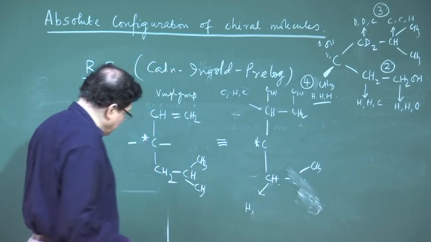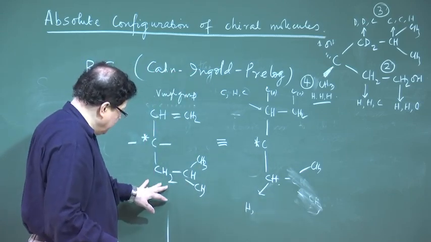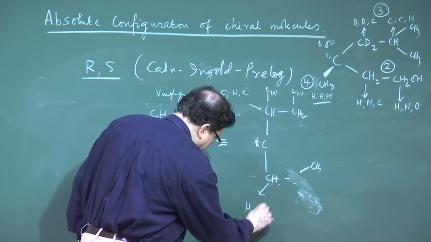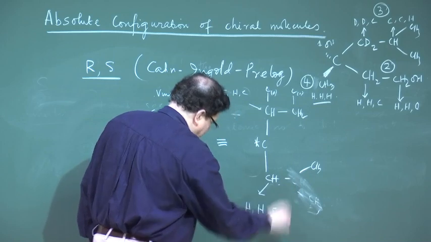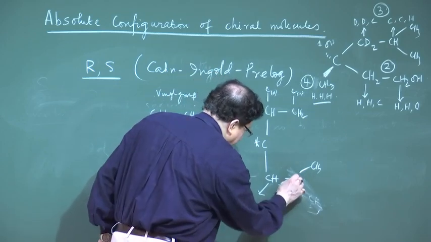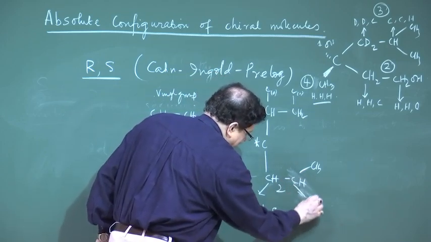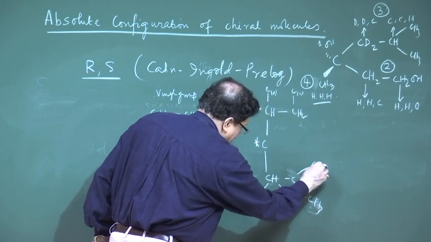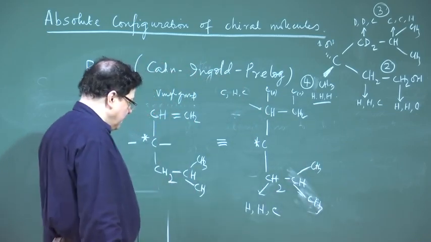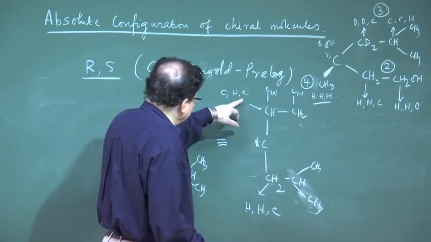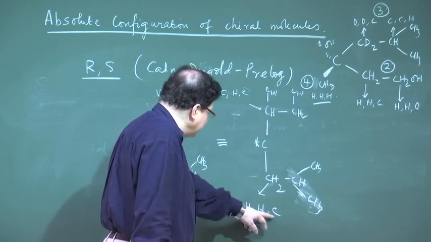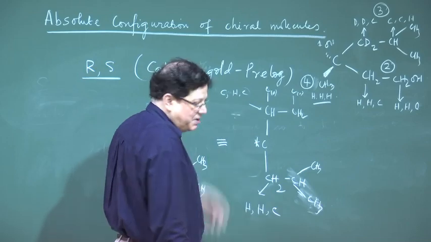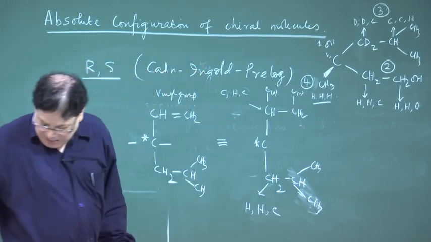Now, we continue with this. The first one is HHC. The second one is HHC. So, this wins over that one, because this is HHC and this is CCH.